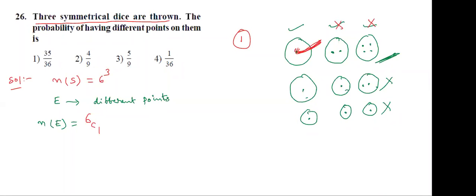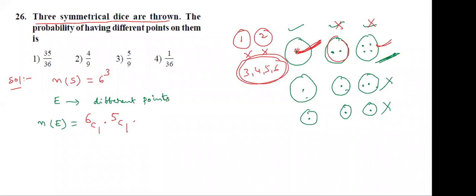In second die also there are 6 points, but 1 cannot be selected. Except 1, remaining how many points are there? 5. Out of 5, select 1. Suppose I have taken 2. In third die, we can't select 1 and 2. Except 1 and 2, what are the sample points? 3, 4, 5, 6. Out of these 4 points, select 1.